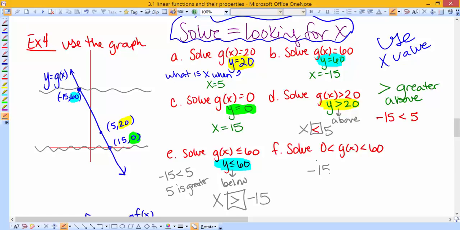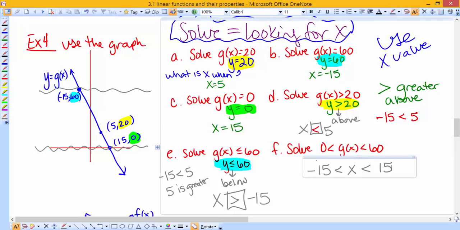So I start with my smallest x, and then my largest. So negative 15 to 15. Now, I need to fill in the blanks. Since I want everything in the middle, it has to be greater than negative 15 and less than 15. So there's my inequality for F.